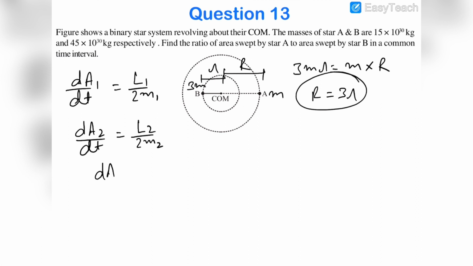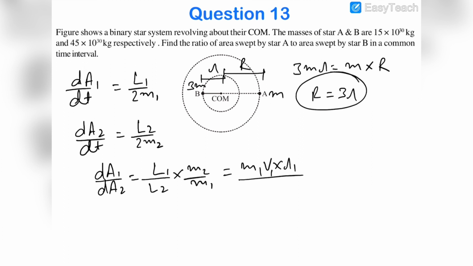So dA1 by dA2 will be equal to L1 by L2 into m2 by m1, and you can see that L is mVr, so m1 v1 r1 upon m1 into m2 upon m2 v2 r2. Cancelling m1 with m1, m2 with m2, we have to find out v1 r1 upon v2 r2.